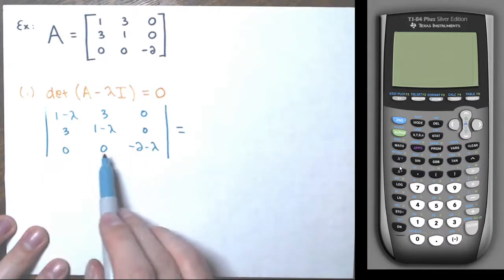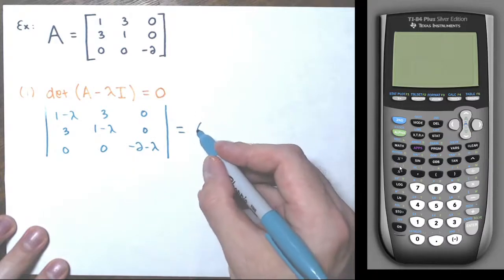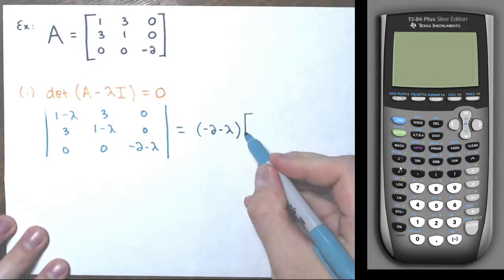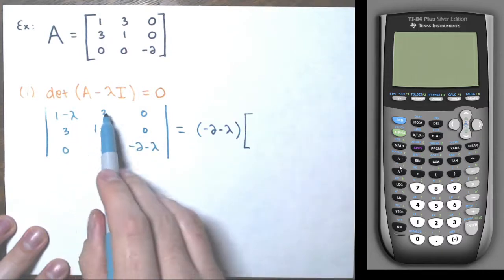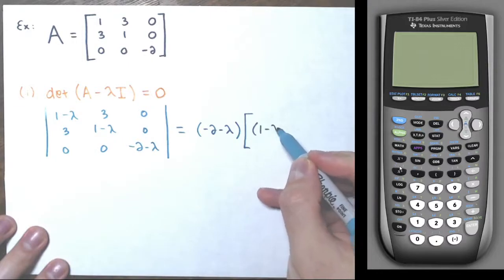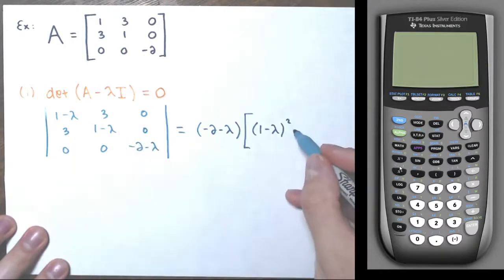Just go down, doing cofactor expansion down the third column or the third row. I'd have -2 minus lambda here, right? Times, and then I'll just do the minor right now. So it'd be 1 minus lambda times 1 minus lambda, so 1 minus lambda, squared, minus 9.